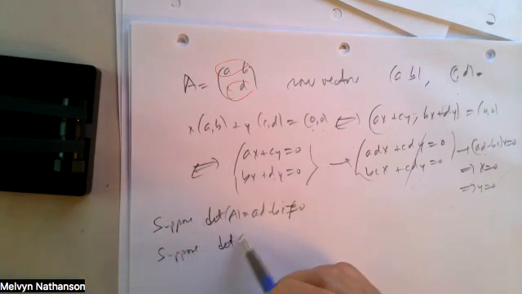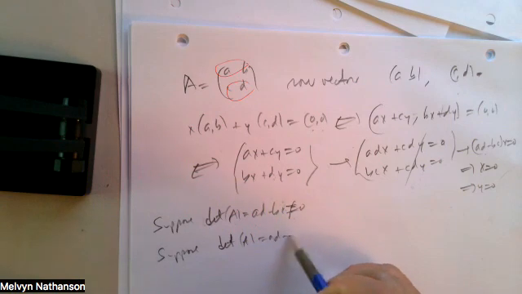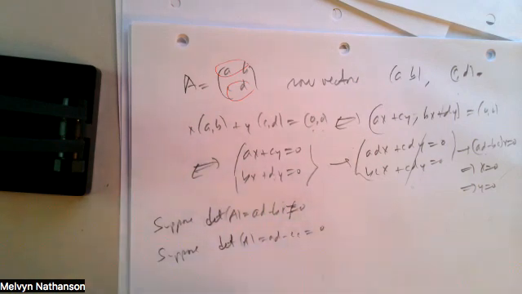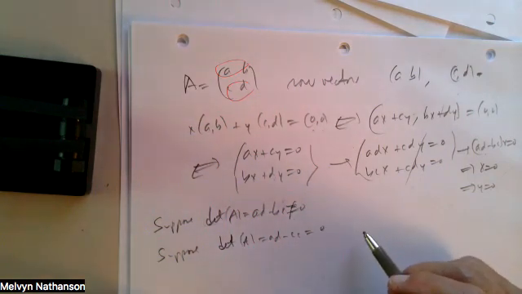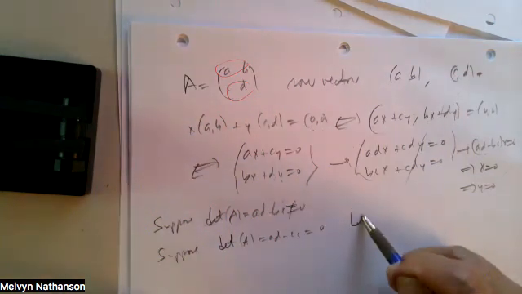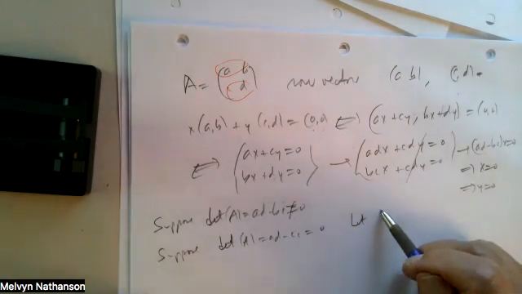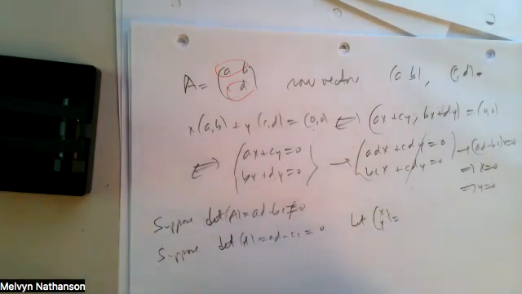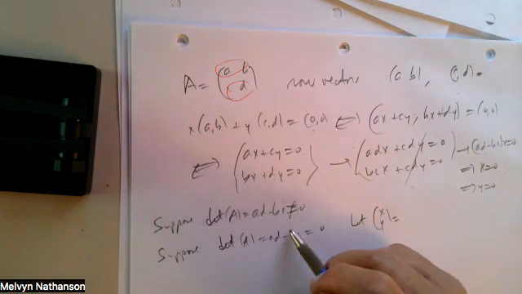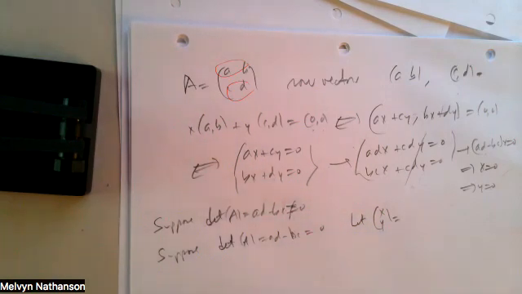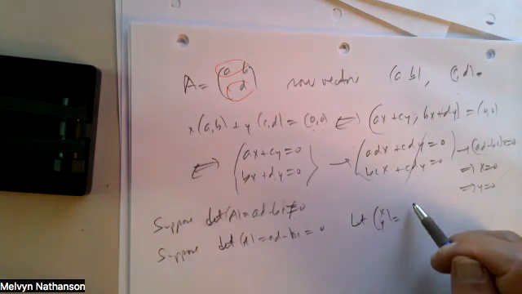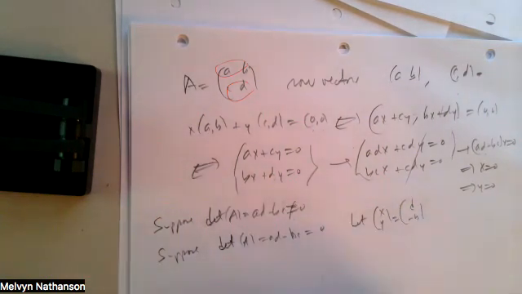Suppose the determinant of A, which is AD minus BC, is equal to 0. If I look at the equations, well, let's see. Suppose I let xy be equal to d minus b.